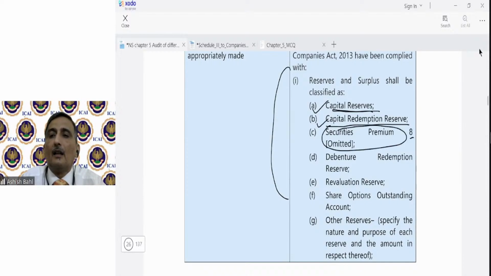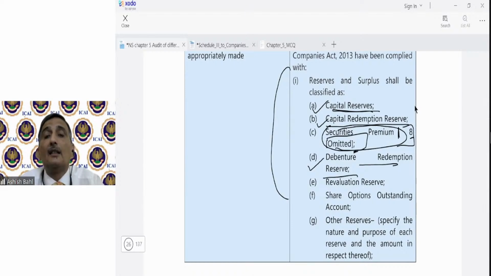Debenture redemption reserve has to be disclosed. When debentures are to be redeemed, debenture redemption reserve is created, so this is separately disclosed. Revaluation reserve is disclosed separately. Share options outstanding account is disclosed separately.